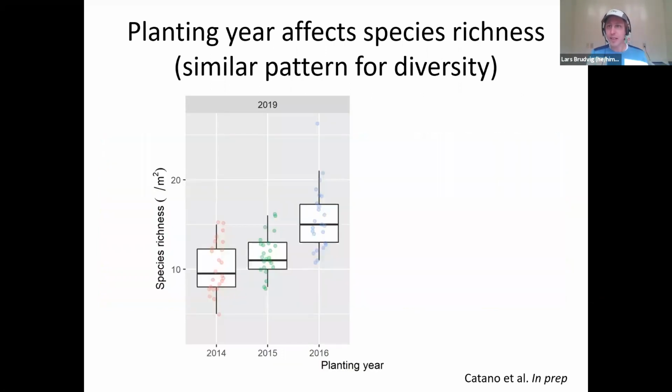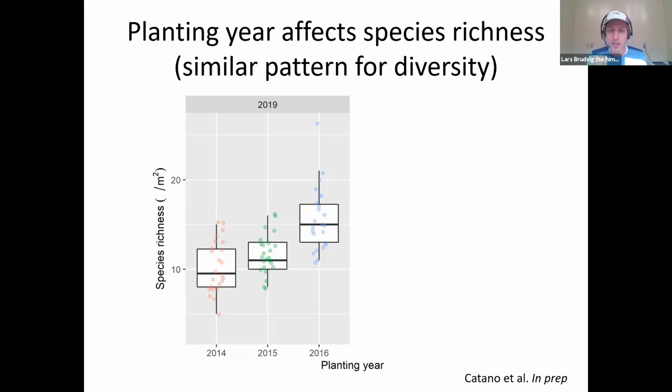And we see some of these differences reflected in the data when we look at these plots. The plots differ in the number of species depending on their planting year. And in fact, we see that the 2016 plots have the most species. The 2014 plots, the fewest species. This also brings up another challenge, which I haven't got to yet with studying year effects, and that's that we also know that the age of the plantings can be really important in prairie reconstruction.